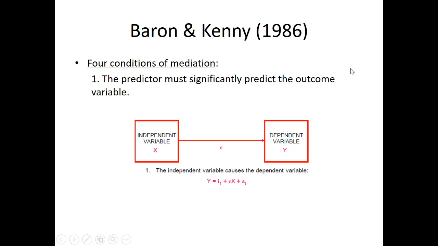So let's look at these conditions, because there's technically 4 conditions because step 3 has 2 parts to it. The predictor must significantly predict the outcome variable. You can see the relationship here. This is what's known as your C path. I'm going to talk about your A path, your B path, your C path, and your C prime path. However, this is your C path, your independent variable to predict your dependent variable, X to predict Y, simple linear regression.